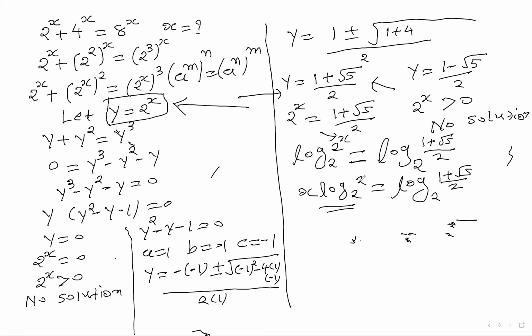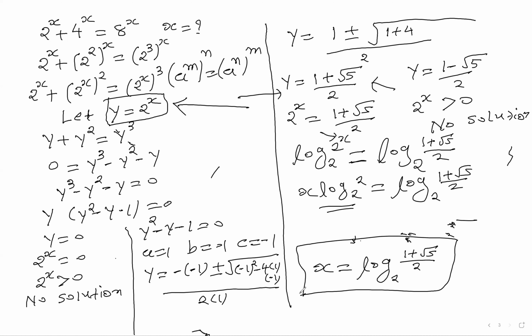So this is x times 1, which will give me x. On my right hand side is going to be log of 1 plus root 5 over 2 base 2. This is my solution. So this is the solution of the equation 2 power x plus 4 power x equal to 8 power x. Isn't this amazing?